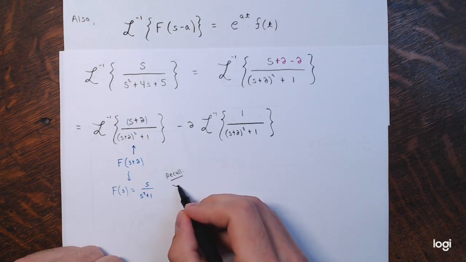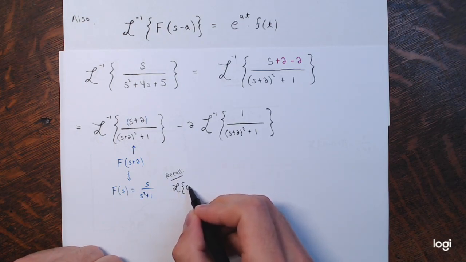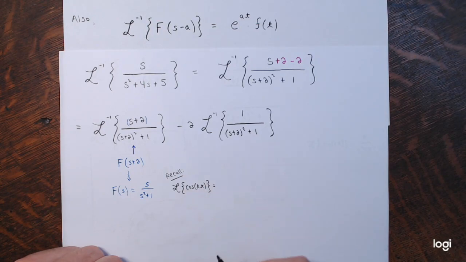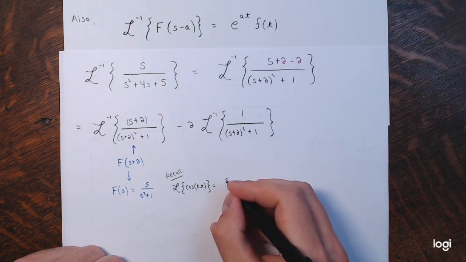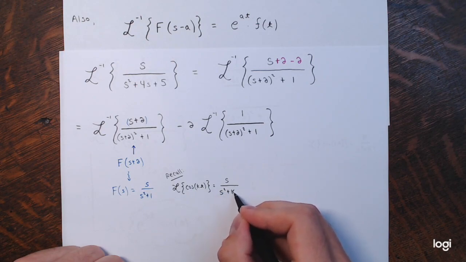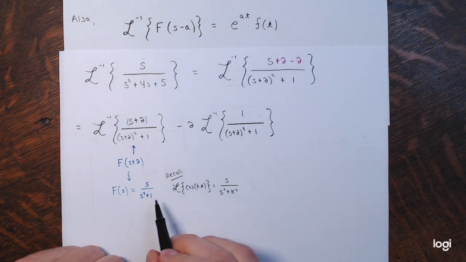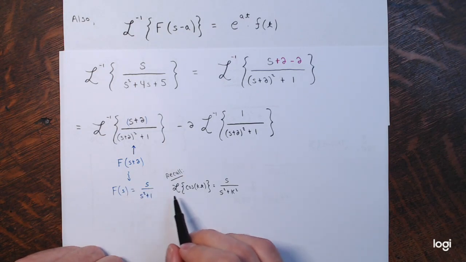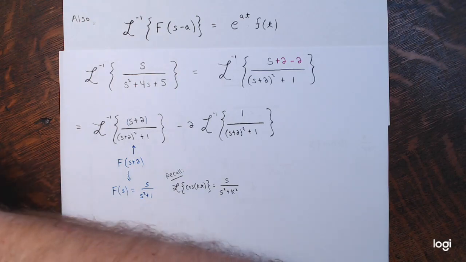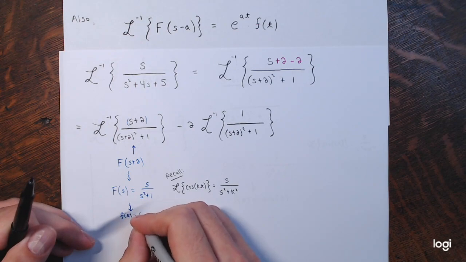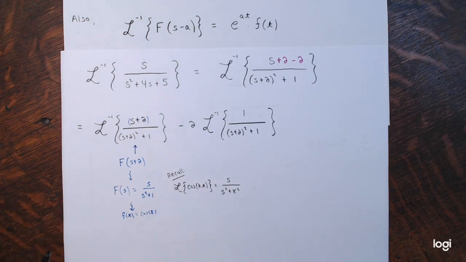Recall that the Laplace transform of the cosine of kt, where k was a constant, was s in the numerator, like this has, over s squared plus k squared. So this is exactly that, but when k equals 1. So this is the Laplace transform of the cosine of t. Right, so this leads me to f of t is the cosine of t, and the value of a here is negative 2.